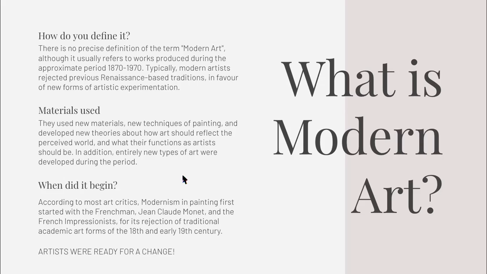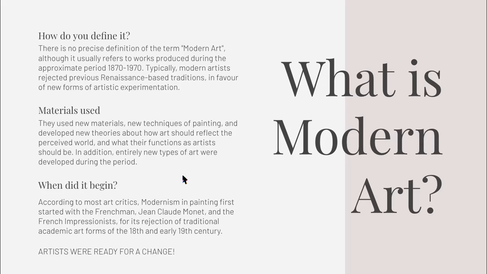A lot of religious themes were also showcased in a lot of Renaissance art. And so with modern art, there was this desire to move away from the traditional, to move away from this aesthetic that was starting to get sort of tiresome.